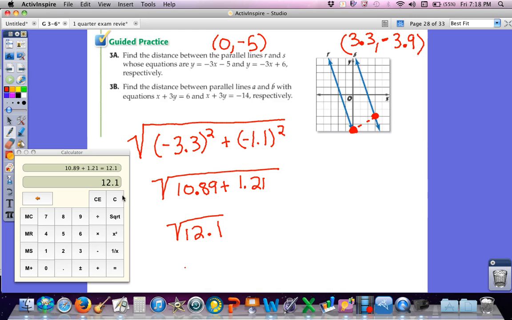I want the square root of that, which is approximately 3.48. And looking at these boxes, it probably is a little bit more than 3 spaces from each other. So the correct answer is 3.48.